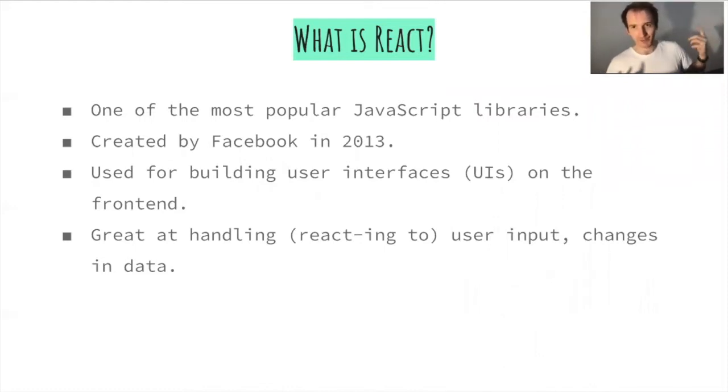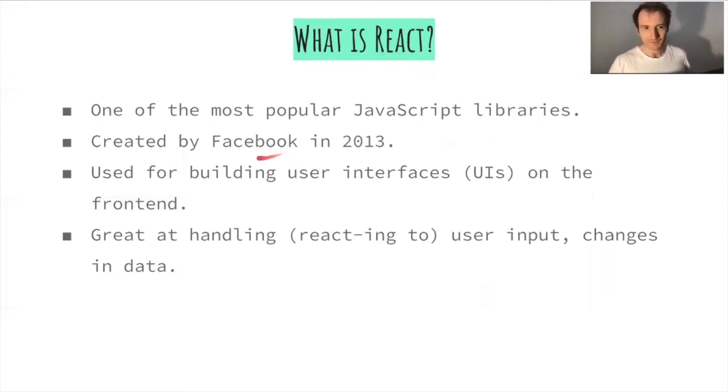So for example, there's a Google Maps library where you can write one line of code and it'll create a Google map on your application. So there's loads of these libraries that bunch together different functionality that we could otherwise write by ourselves. And React is simply just a library that we can use to structure our applications better.